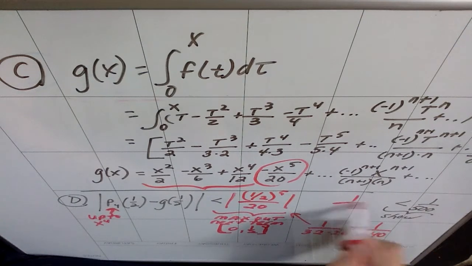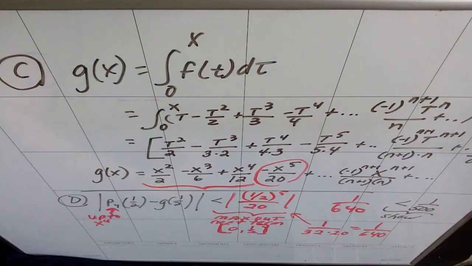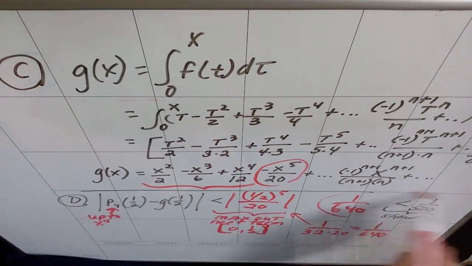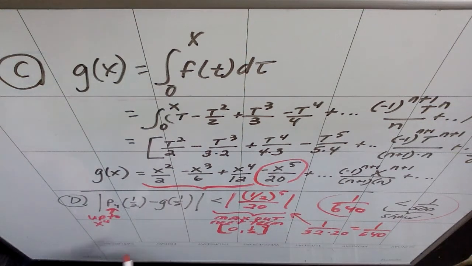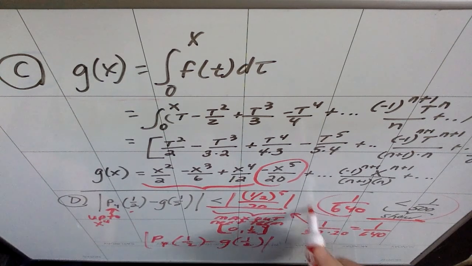Well, 1 over 640 is definitely smaller than 1 over 500. So bigger denominator, smaller fraction. So that's essentially what they want me to show. What I've shown is that this thing is smaller than this, which is smaller than this. So by the logic of things being smaller than other things, if this thing is smaller than this thing, it's also smaller than this thing.